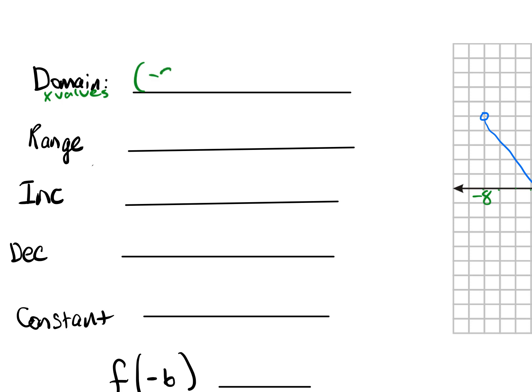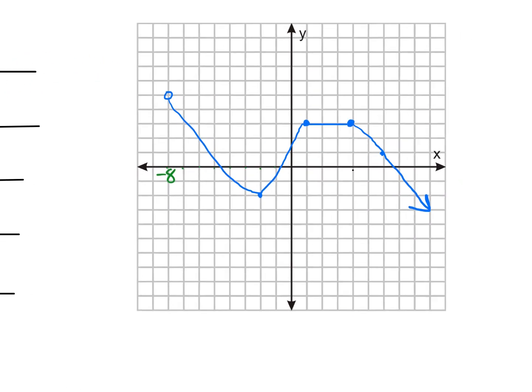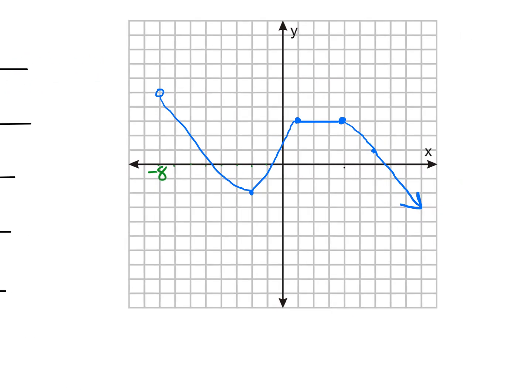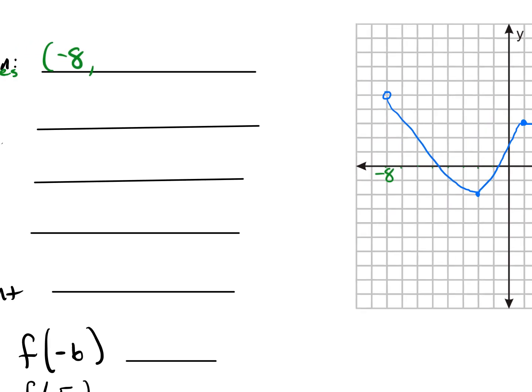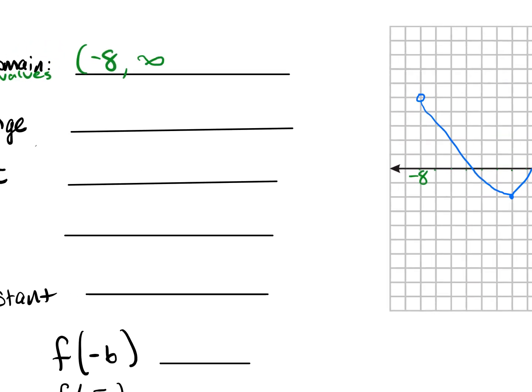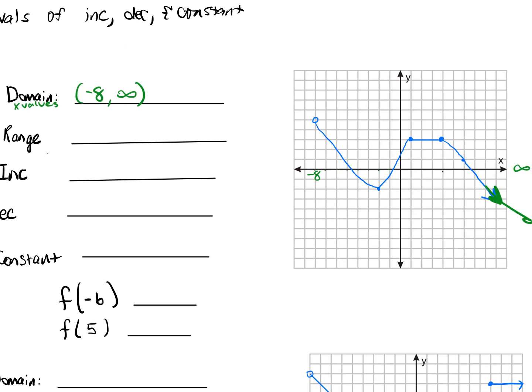Parentheses, because it's an open circle. Now our graph is continuous all the way down here. We have an arrow here that points to the right. So what would our largest x value be? Infinity, because this arrow is pointing forever in the right direction. So a graph goes to infinity. Does infinity get a bracket or parentheses? Parentheses always.